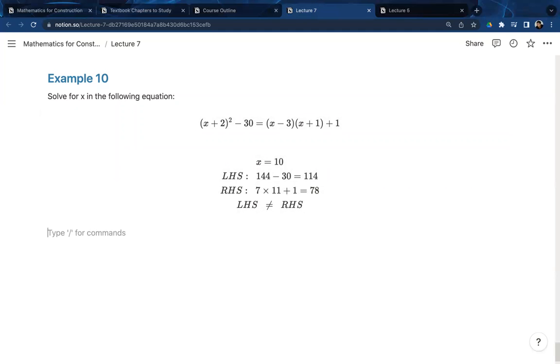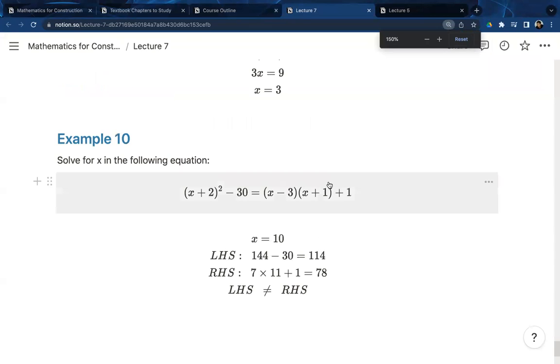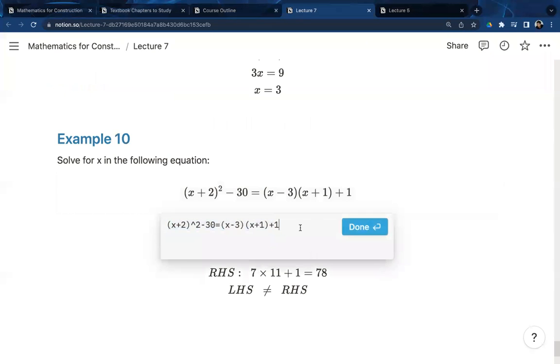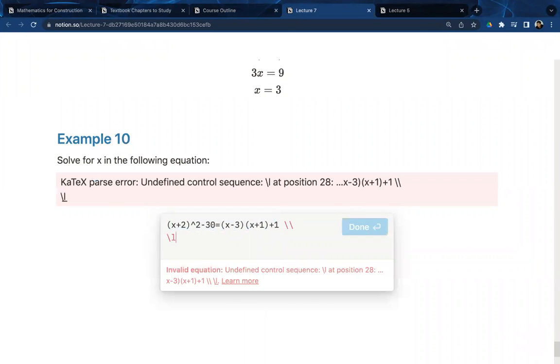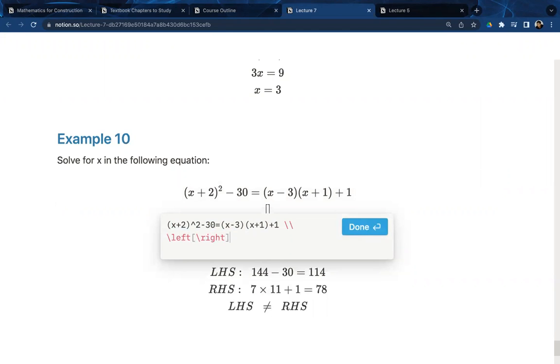What are we going to do now? We're going to work this out. So let me expand this a little bit. So I'll put brackets around the squared.